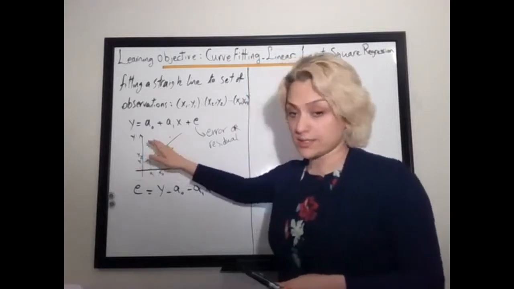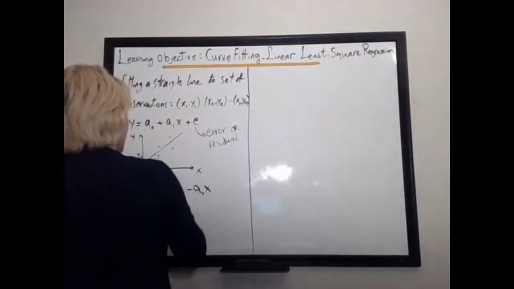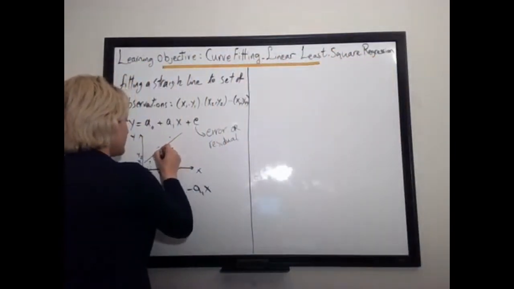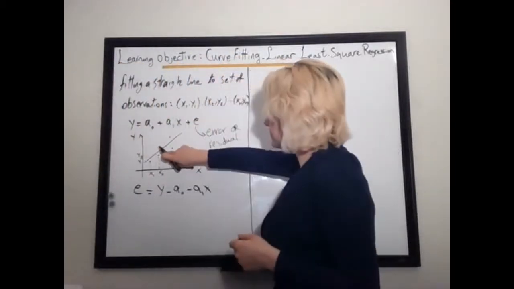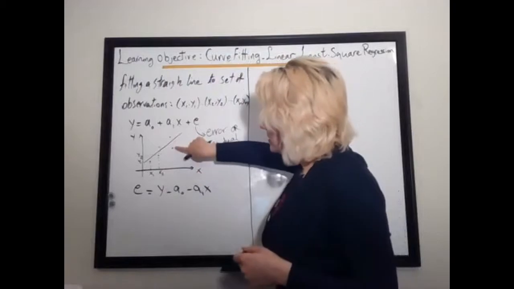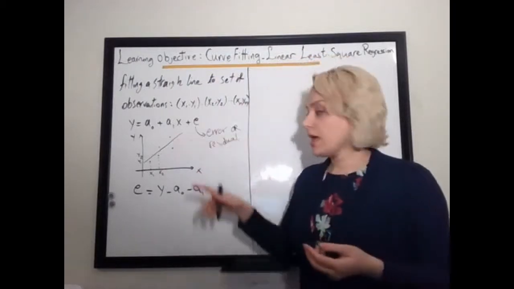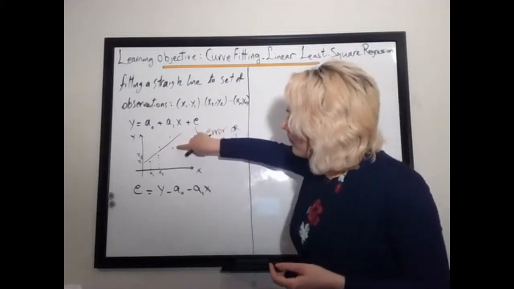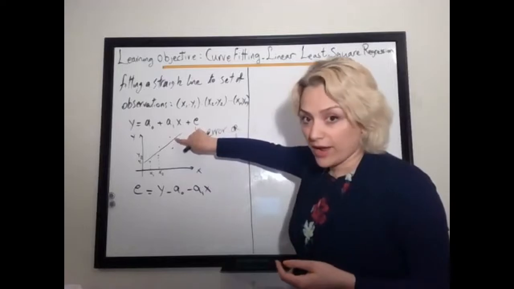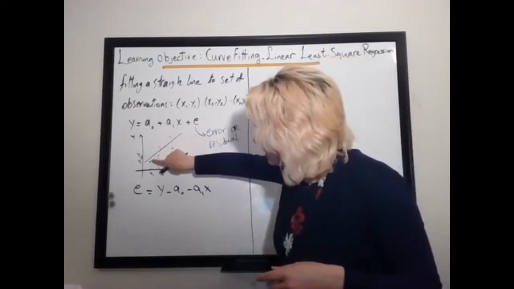It doesn't mean that this is the best line. I'm just keeping one of the lines that I could show the information on. So here, e is the distance from here to this one, my observation and the prediction. When you look at it, this one is negative, this one is positive, positive, negative, negative.